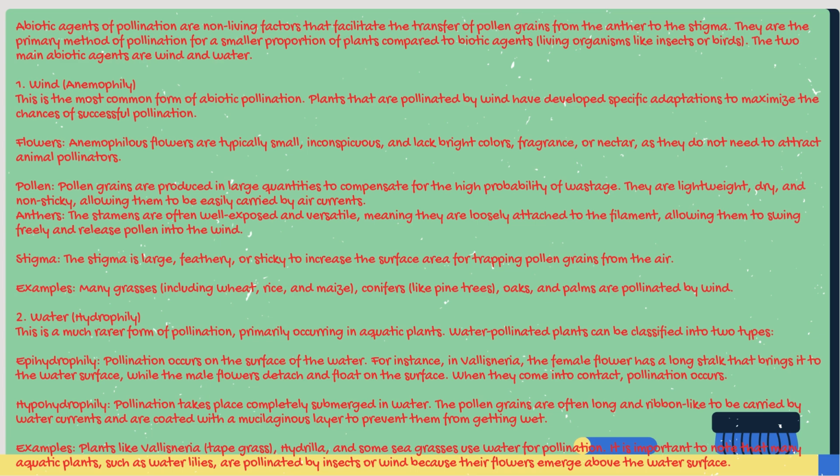Wind pollination is also called anemophily, and water pollination is also called hydrophily. Examples of wind pollinated plants are many grasses like wheat, rice, and maize, and examples of water pollinated plants are tape grass, hydrilla, and some sea grasses.